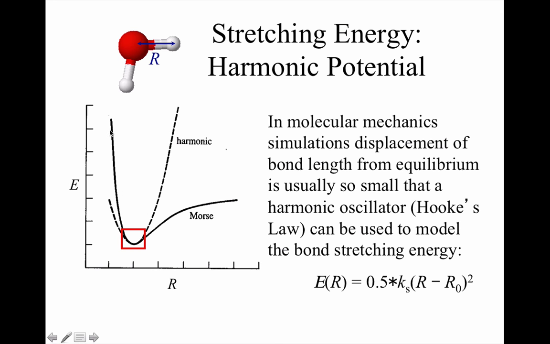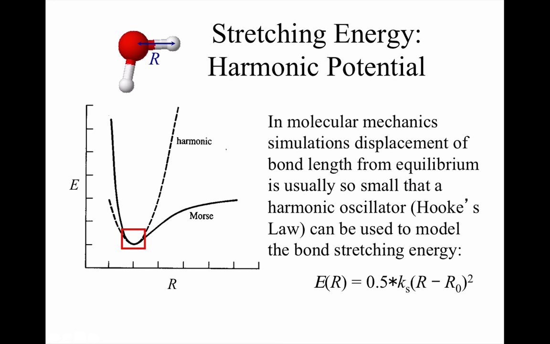So if we have a very stiff bond like a carbon triple bond, then we have a very high value for this Ks, and if we have a looser bond like for example a C-C single bond, then this value is reduced compared to the triple bond.